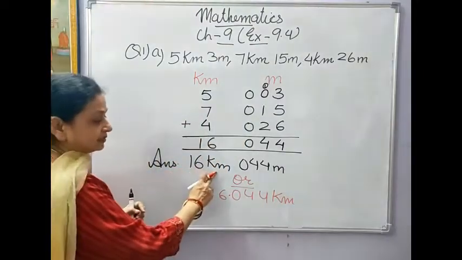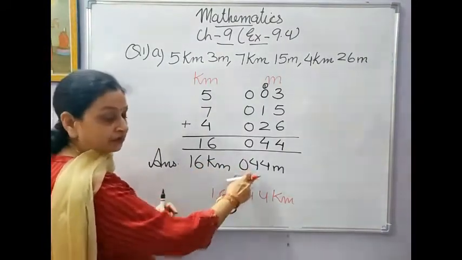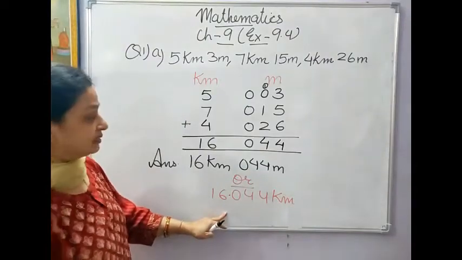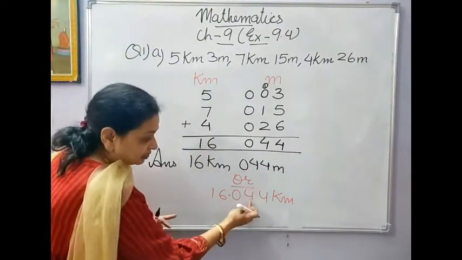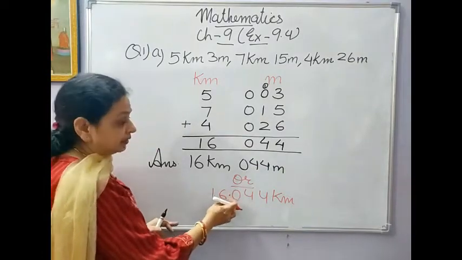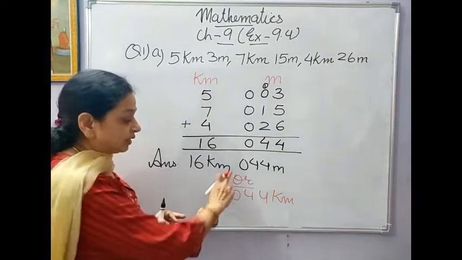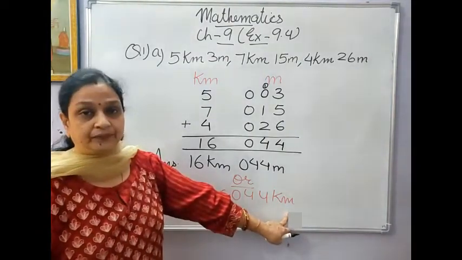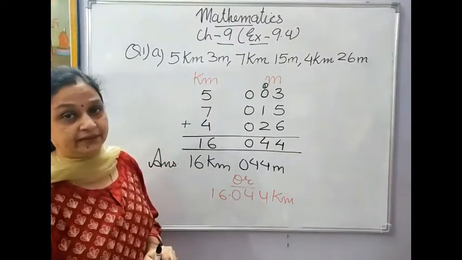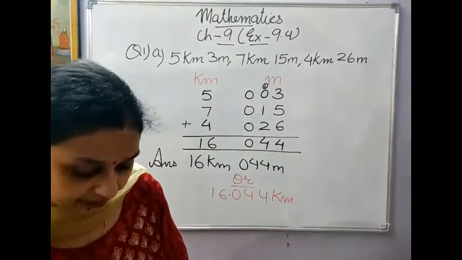Here we have written 16 kilometers 44 meters. When you convert into decimal, you will write the answer as a complete number. Count 3 places from the right, put the decimal and always put the higher unit. I hope this is clear. Okay? So, have a look once.